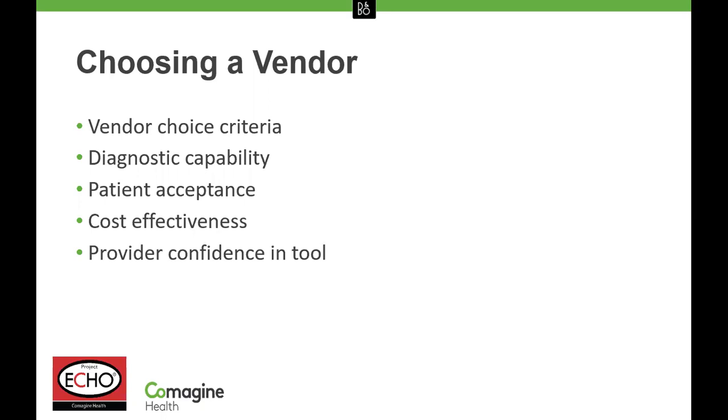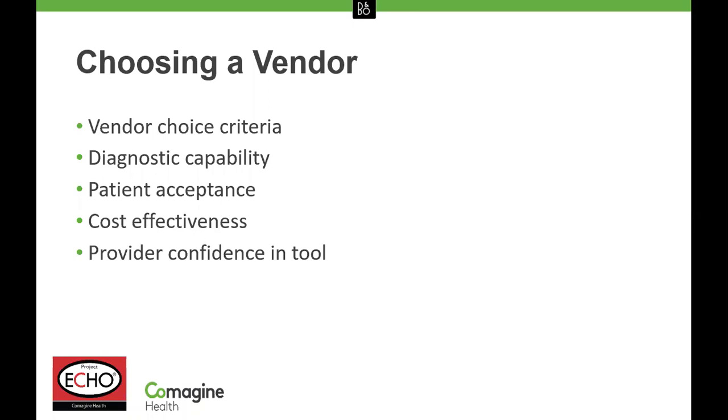That can be anywhere from $20 or $30 to hundreds of dollars, and patients will make that decision to not go forward or to go forward. It's very interesting that they will decline for $20 and they will go forward if their out-of-pocket is going to be several hundred. But one of the things that we try to do in terms of that patient acceptance is to actively engage them in that cost-benefit decision.